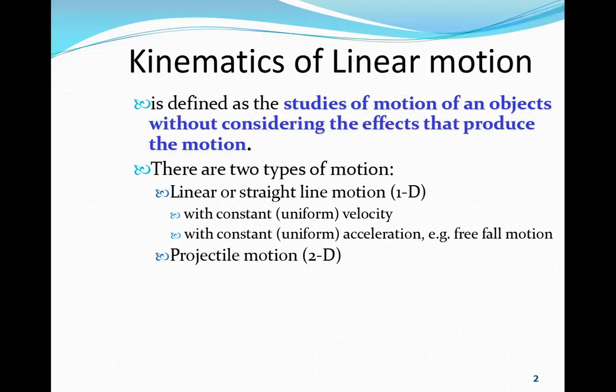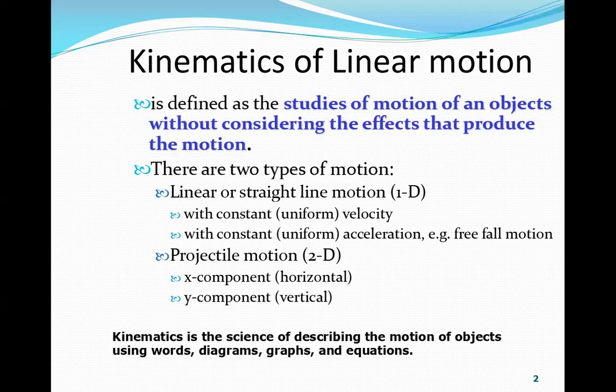Number two is projectile motion, also called two-dimension motion, which we discuss in A level, not here. In O level, we are only discussing linear motion. In projectile motion, the motion is horizontal on the x component and vertical on the y component.